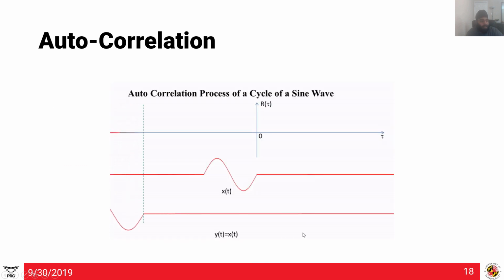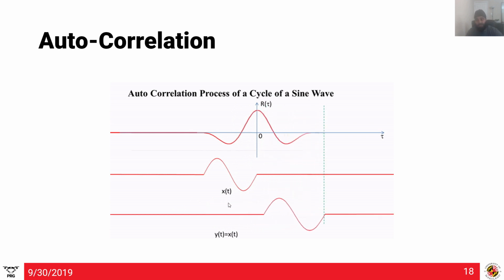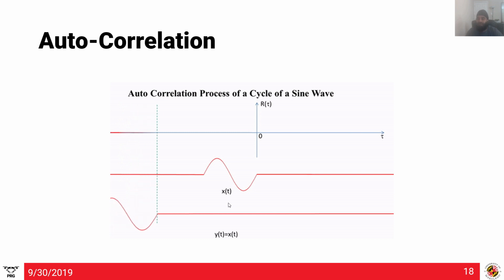Coming back to autocorrelation, you have a sine wave and another sine wave, and these two sine waves are exactly the same. That's why it's called autocorrelation. Autocorrelation of a signal is basically the correlation with its delayed copy. It's a commonly used tool in signal processing to find repeating patterns in a periodic signal.